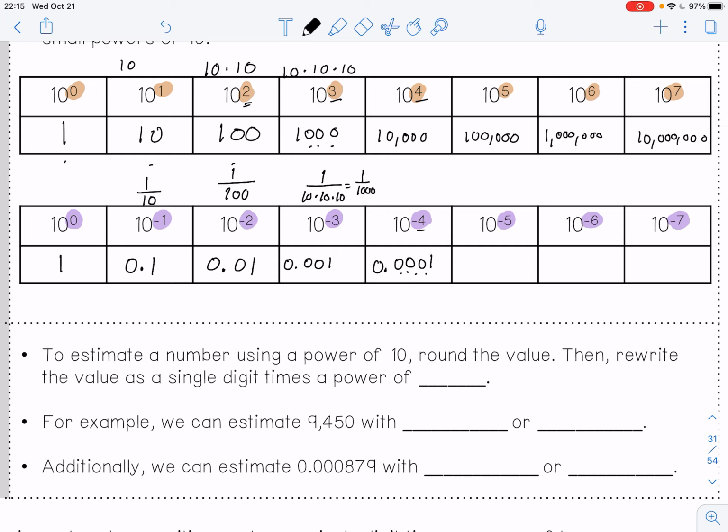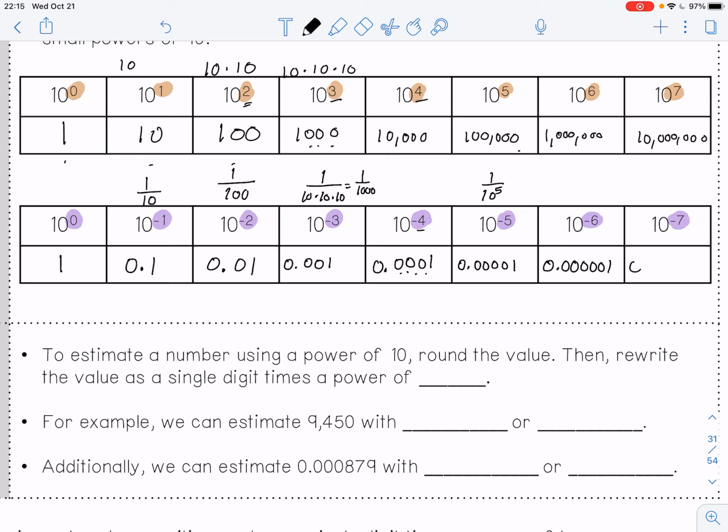So 10 to the negative 5th should be the same thing as 1 over 10 to the positive 5, and the positive 5 is 100,000, so that means this is the 100,000ths place: 0.00001. And then 10 to the negative 6 would be 0.000001.